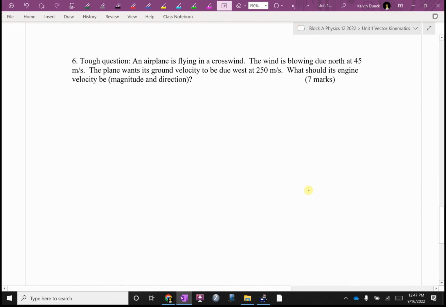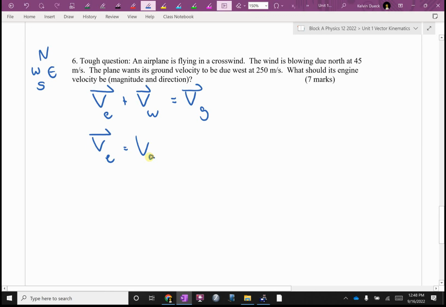Okay. I've just turned the page. I'm going to do a compass rose. This is an airplane crosswind question. Now, this wants me to find the engine velocity. The first thing I did is I wrote down my airplane crosswind question, and then I said, okay, I guess the engine velocity is going to be ground minus wind.